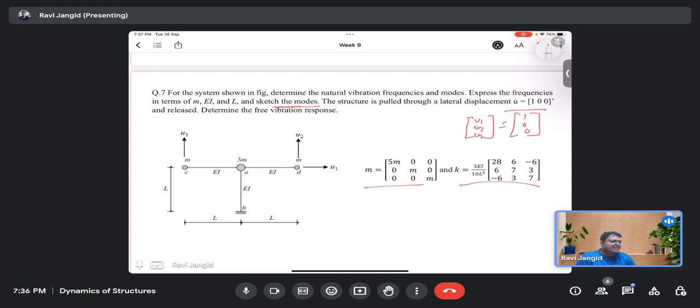Can you give a try to find out the mode shapes?